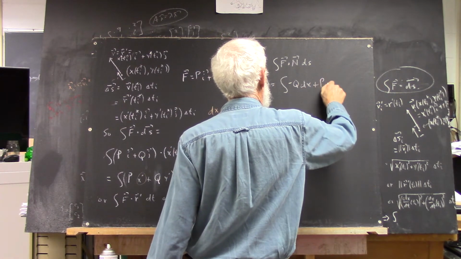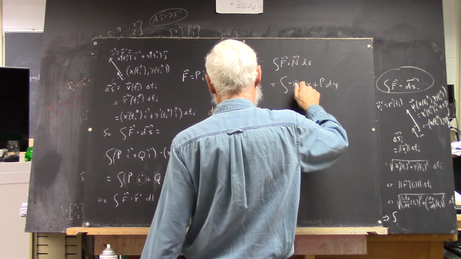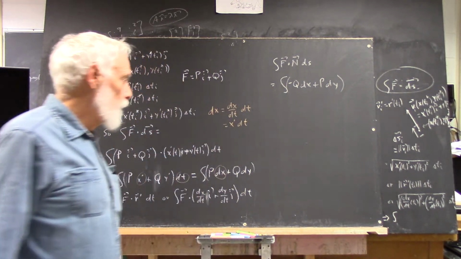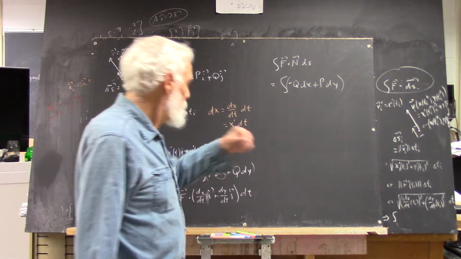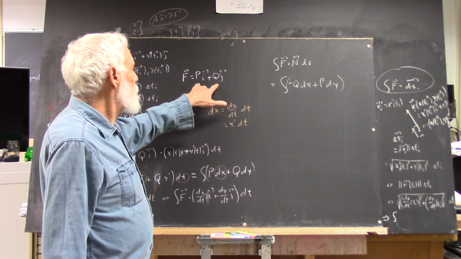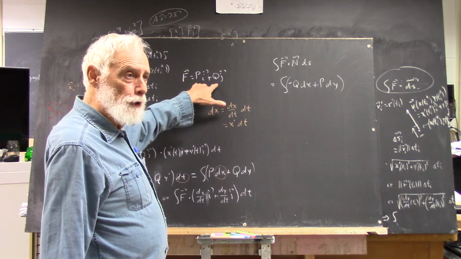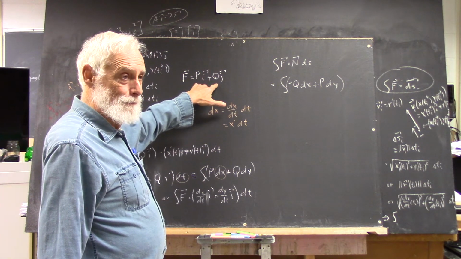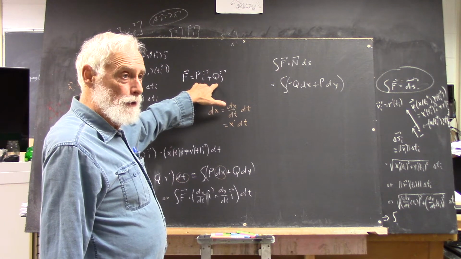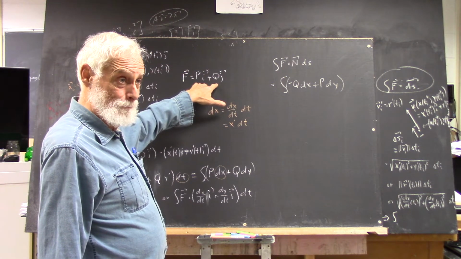And I'm stupid right now, so I'm going to verify that that's correct. Okay, because what's perpendicular to pi plus qj? Negative reciprocal slope, negative qi plus pj.